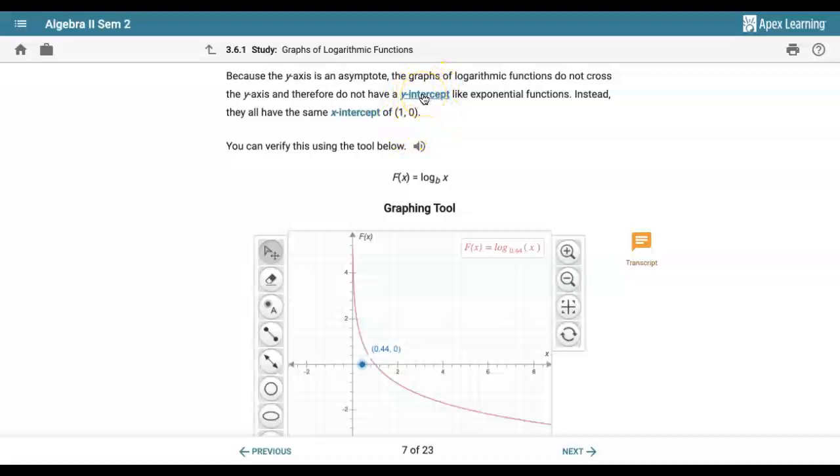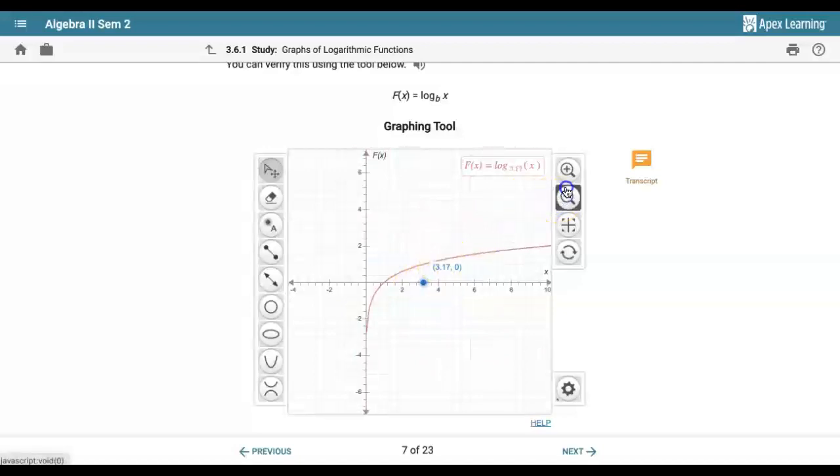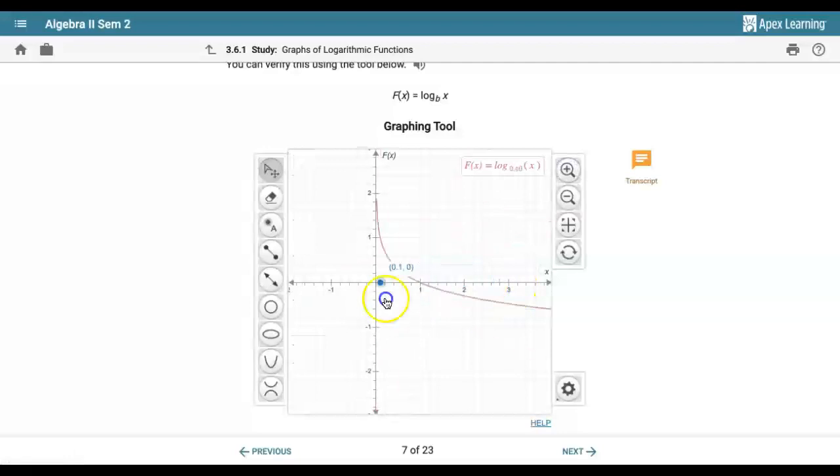Now, since we flipped it and we're dealing with the inverse function, we have an x-intercept at (1, 0). It's right here, halfway between this value of 2. You can see that we're still going to cross our x-axis at that point (1, 0).